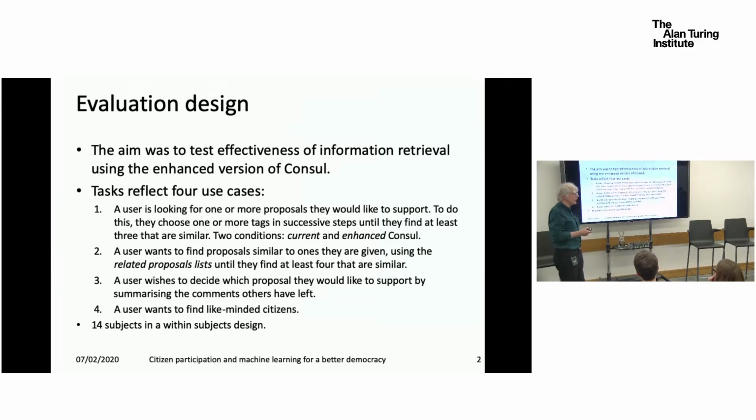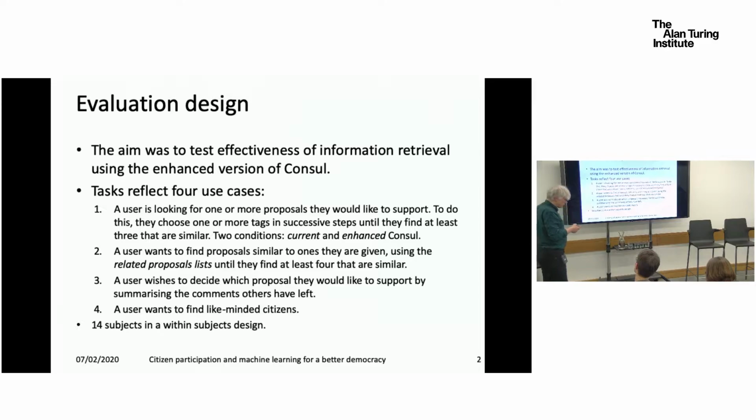So we want to see if the enhanced version with the extracted tags makes it easier for people to find similar proposals than the current version where you just have the tags that people have generated by themselves.